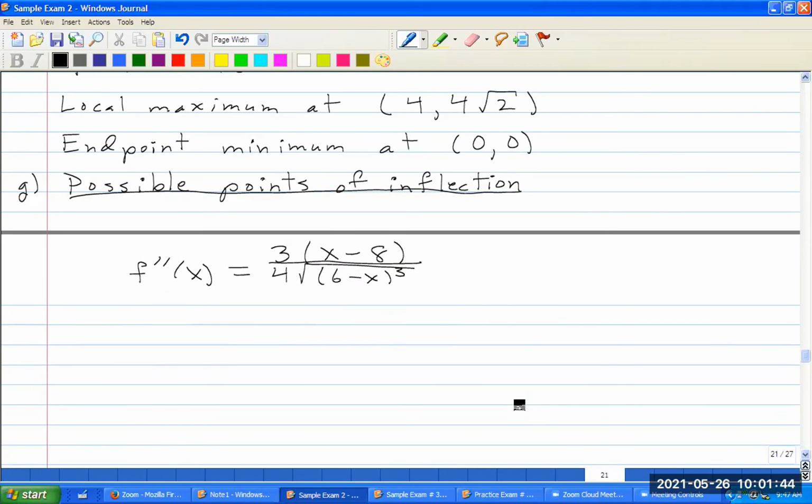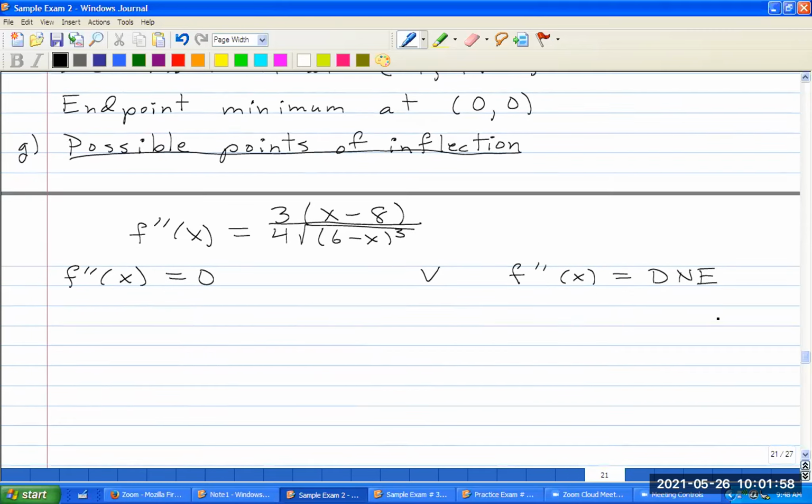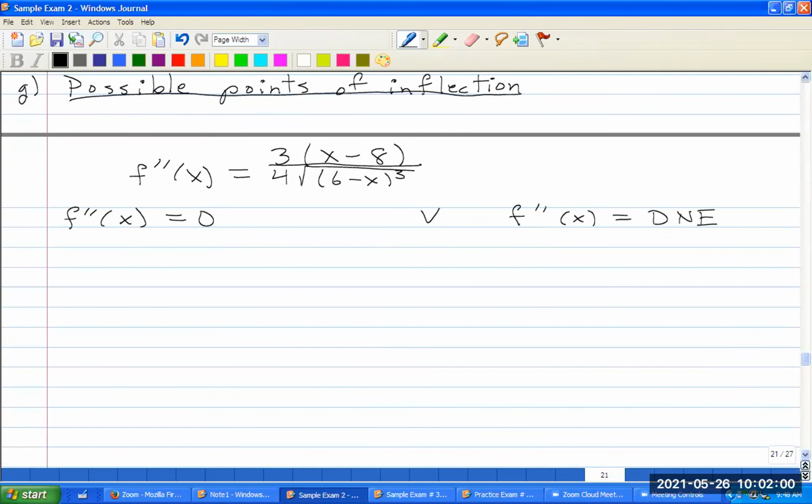Find where the second derivative is 0, or where the second derivative does not exist, in the domain, of course. And so set the numerator equal to 0. So x is equal to 8.